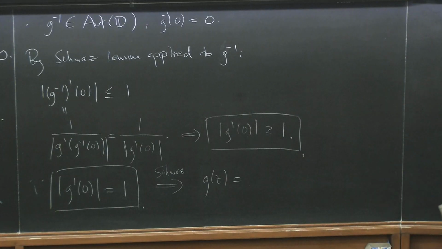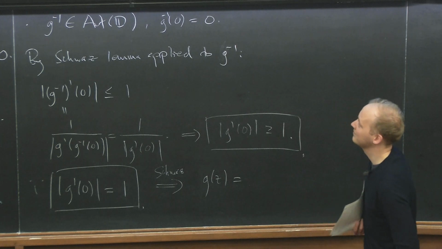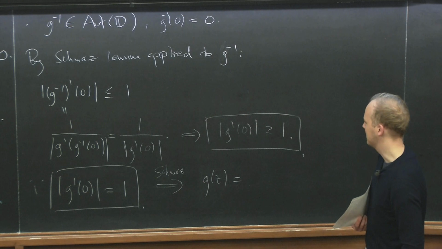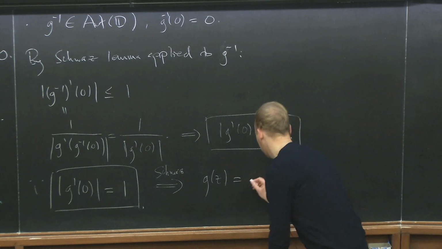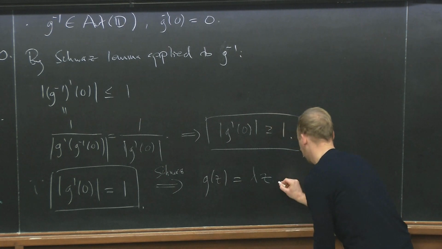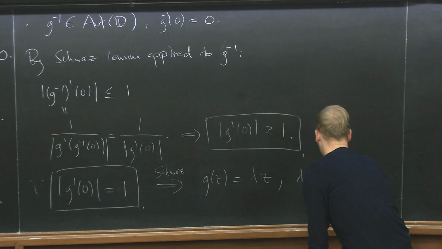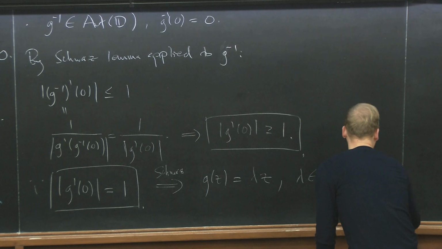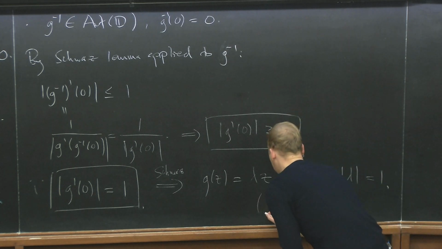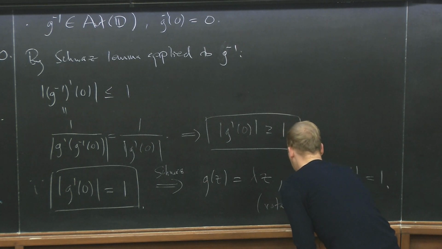What should I write over here? See the conclusion for G. G is just a rotation, exactly. So what you mean to say is that G of z is of the form lambda times z, where lambda is a complex number with absolute value of lambda equal to 1. So it means that it's just a rotation.